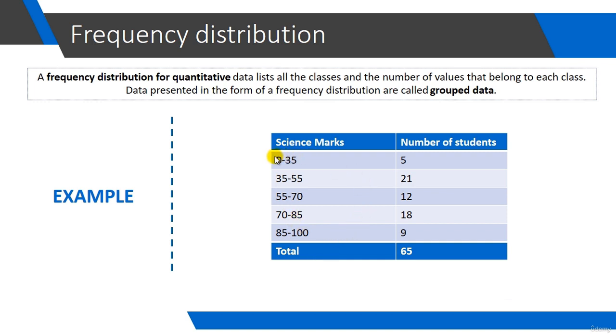And within each range I have found out how many students belong to that range and I have assigned that number here. So this table is frequency distribution for continuous data.